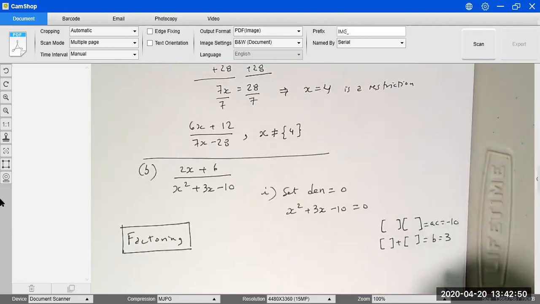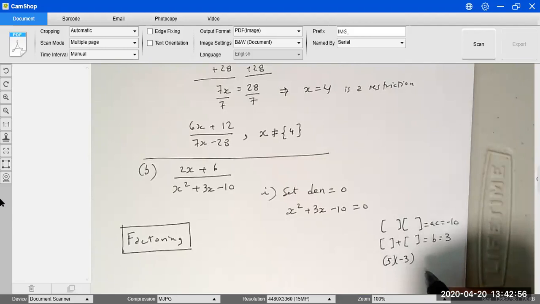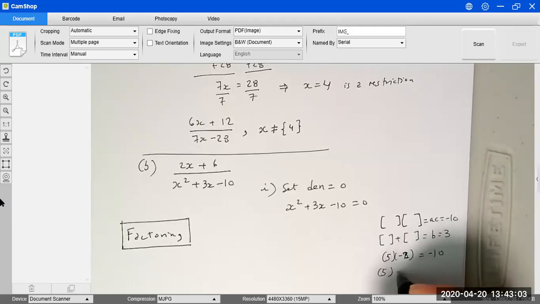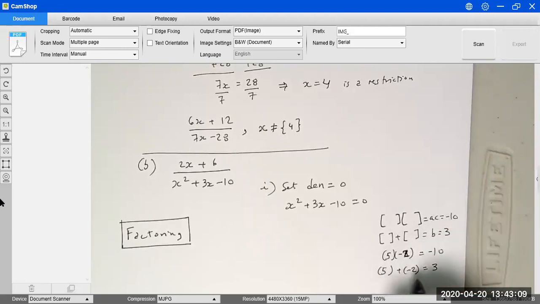So what are those numbers? Maybe 5 times negative 2 is negative 10, and 5 plus negative 2 is positive 3. So my two numbers are 5 and negative 2.